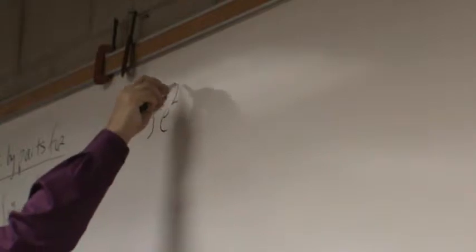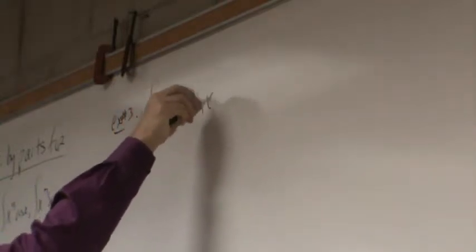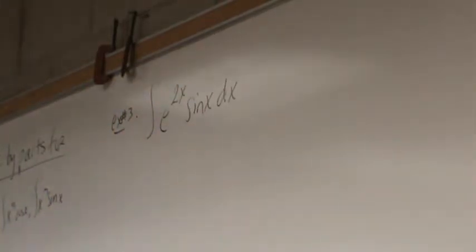Here we go. Example number 3. The integral of e to the 2x sine of x dx. Okay? You guys ready for that? Our first step is to choose u and dv.